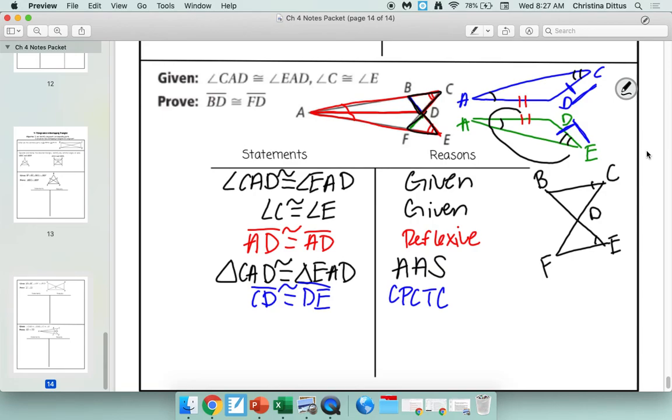We now said that CD and ED are the same. What else do I have going on in this picture? Yes, ma'am, I got vertical angles.